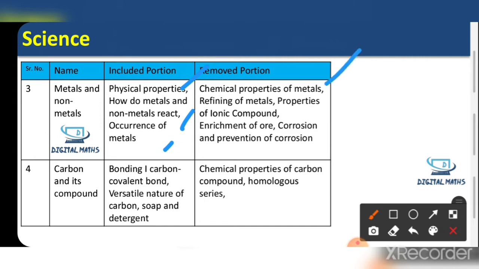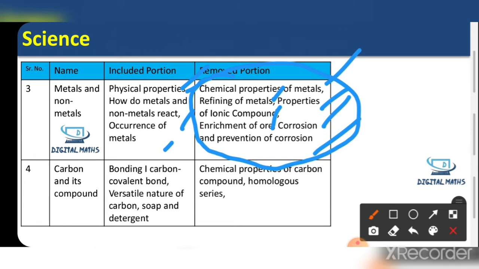Chemical properties of metals, refining of metals, properties of ionic compounds, enrichment of ore, corrosion and prevention of corrosion. All are very important topics removed from the syllabus. I hope your syllabus is reduced by 45%, according to my knowledge.